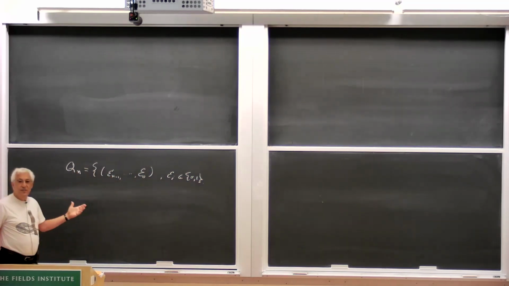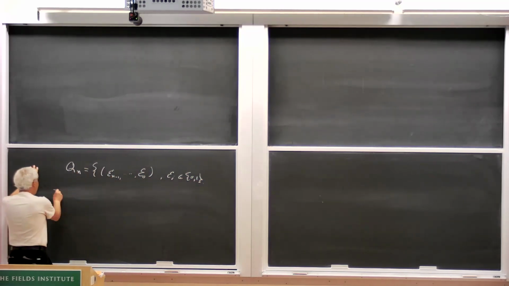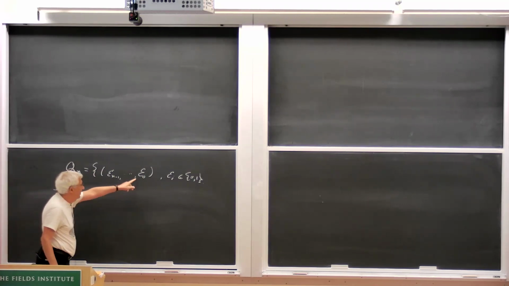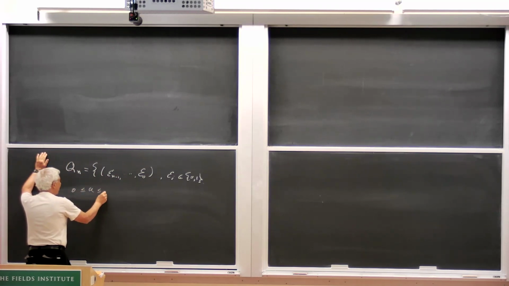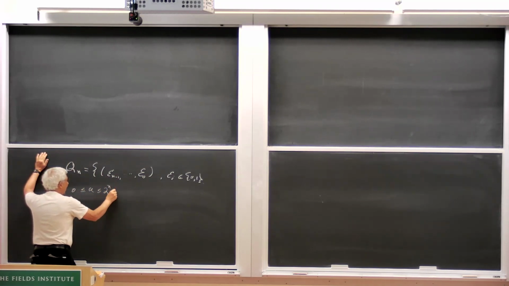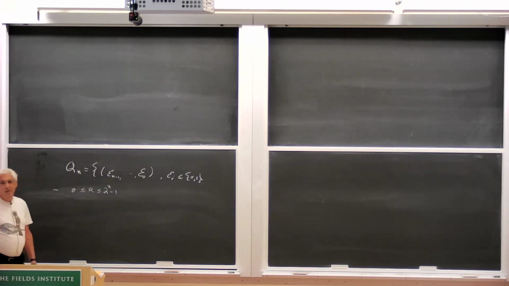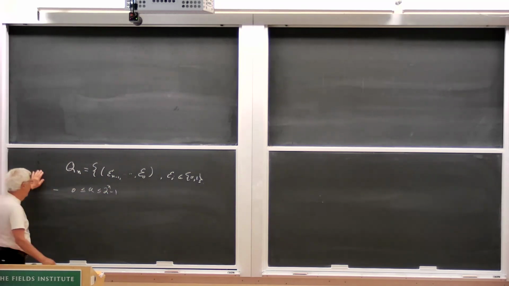There are various ways of thinking of this. Of course, this is the same as using these numbers. This would give the binary expansion of numbers a, greater than or equal to 0 and less than or equal to 2^n minus 1. But that has nothing to do with the title of the lecture. So that's the other way of thinking of this.